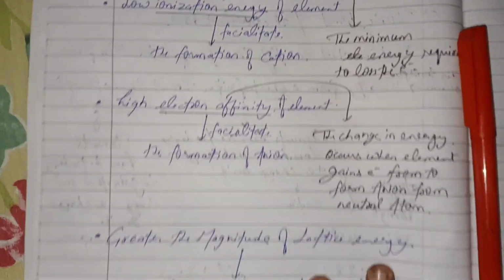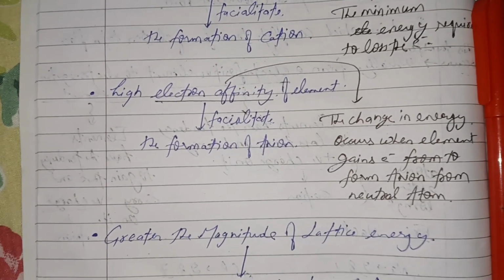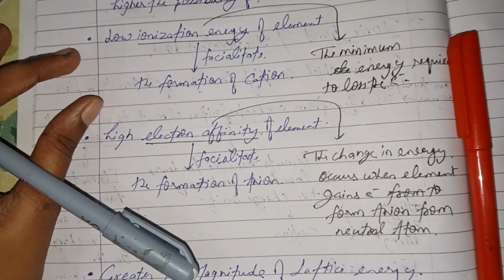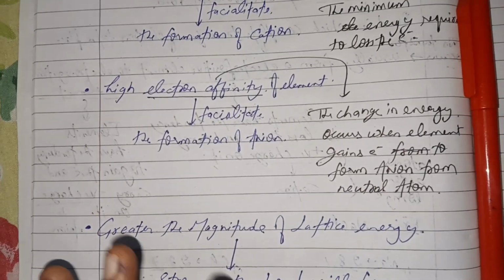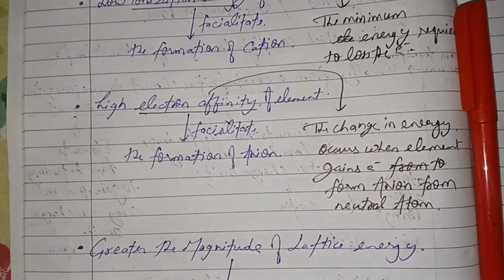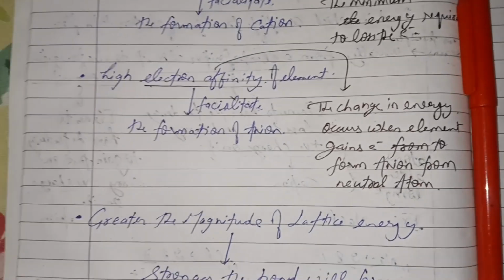Similarly, the next point is that high electron affinity of an element facilitates the formation of an ion. This is similar to the above one, ionization energy. Firstly, what is electron affinity? It is the change of energy while gaining an electron to form an ion from a neutral atom.